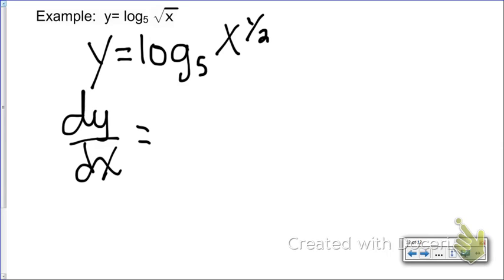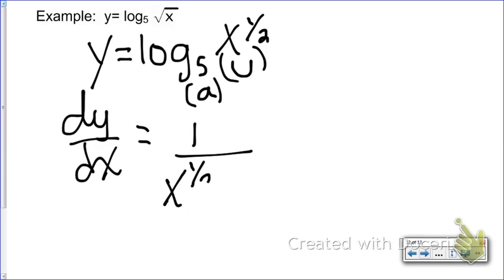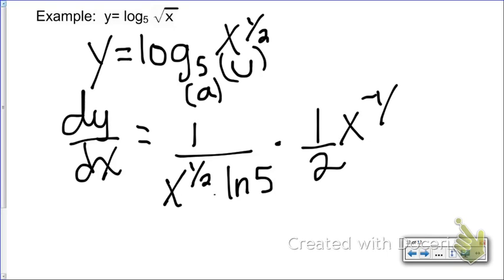We have log base a of u: 1 over u, x to the 1/2, times natural log of a, which is 5, times the derivative of u. Derivative of x to the 1/2 is 1/2 x to the negative 1/2.